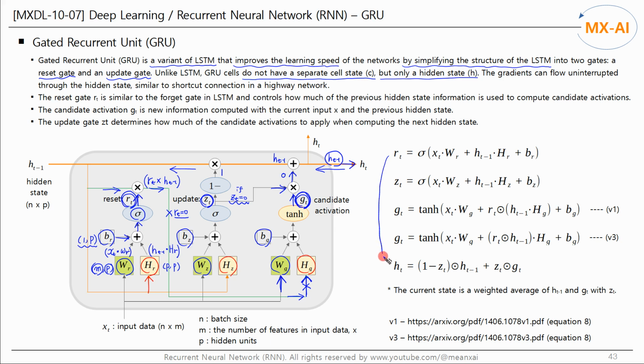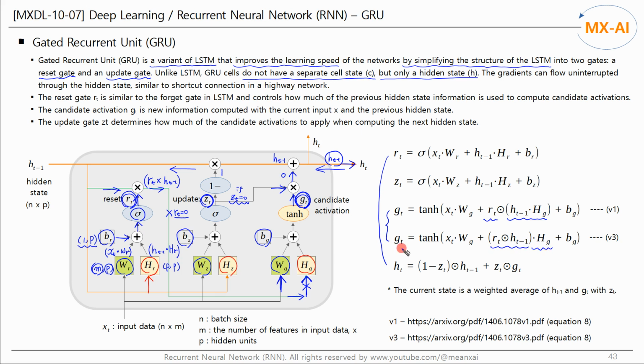This can be expressed by the following formulas. There are two ways to compute candidate activation GT. The first way is to first compute the dot product of HT-1 and HG and then multiply the result by RT. The second method is to first multiply RT by HT-1 and then find the dot product of the result and HG.